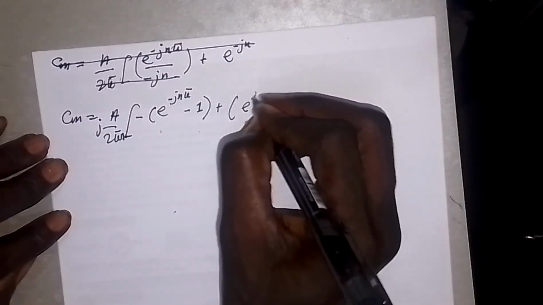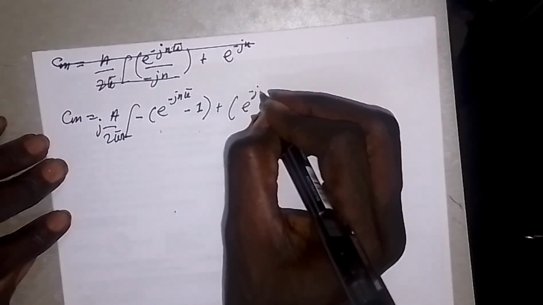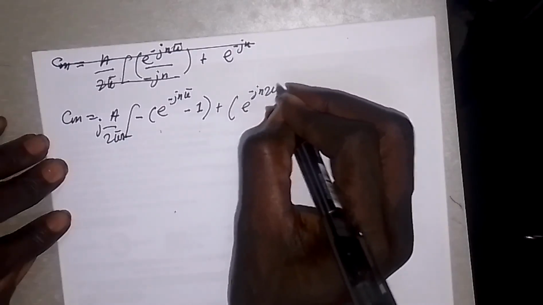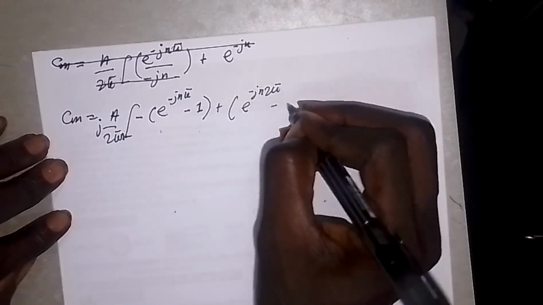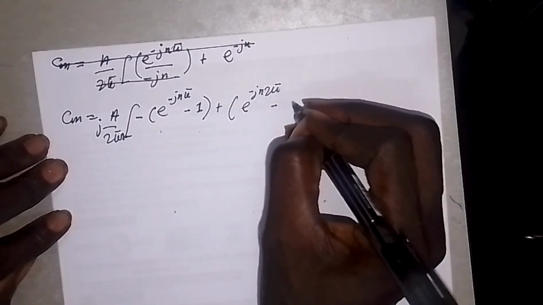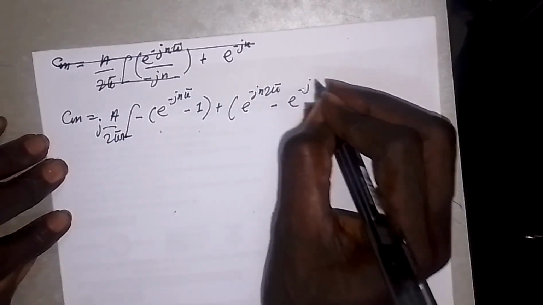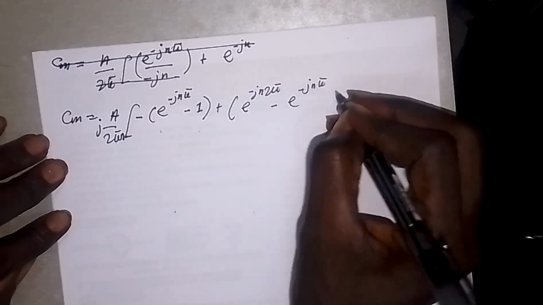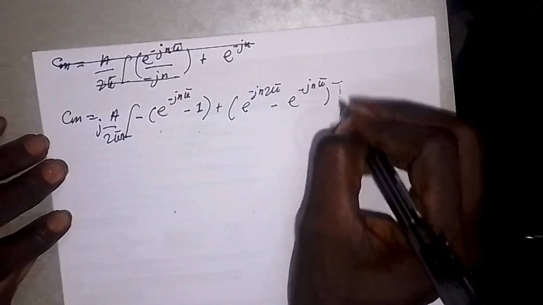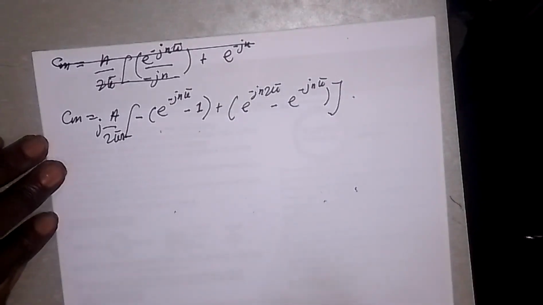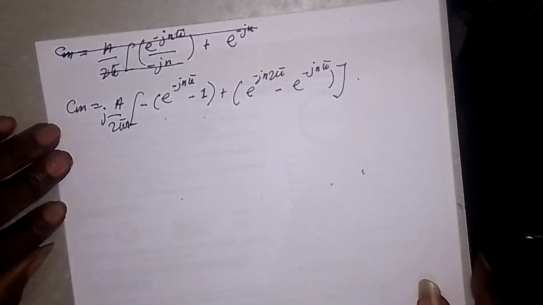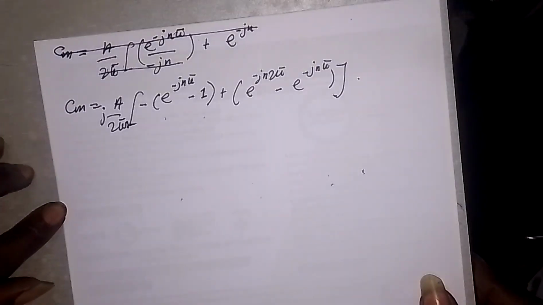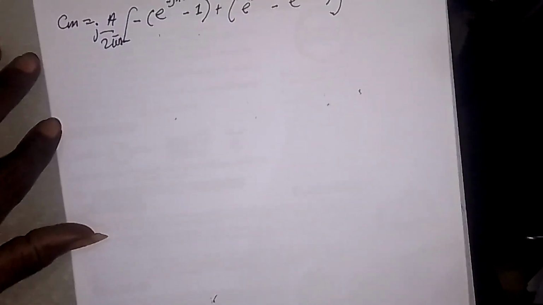So e exponent minus jn 2 pi, minus e exponent minus jn pi. This is what I'm going to have. Having this, we will proceed from this particular stage.